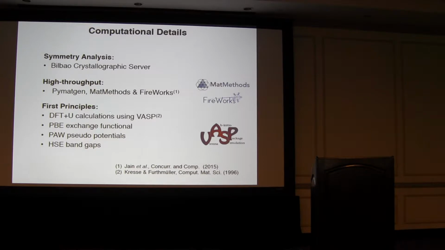DFT calculations are performed with VASP, and we choose the PBE exchange-correlation functional and PAW pseudopotentials, and for some selected compounds we compute HSE band gaps, which are typically seen as more accurate than PBE band gaps. We are well aware that PBE tends to overestimate volumes and therefore to overpredict ferroelectrics, but in this first attempt we would like to be as inclusive as possible.